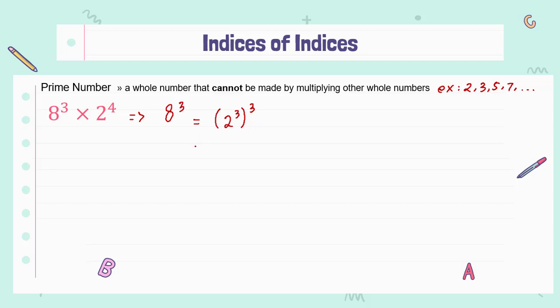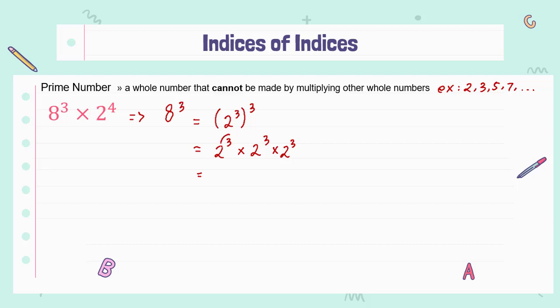So how to solve it? Well, you still remember the concept of indices. It's repeated multiplication. You just need to put it like this: 2 to the cube's power times 2 to the cube's power times 2 to the cube's power. And now, you already got the formula of multiplication, right?